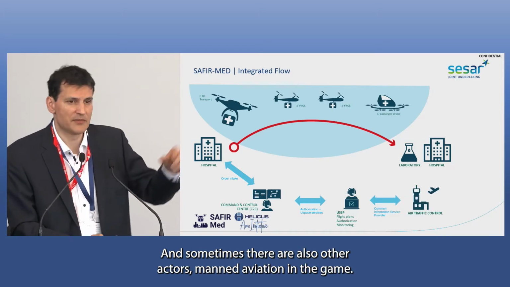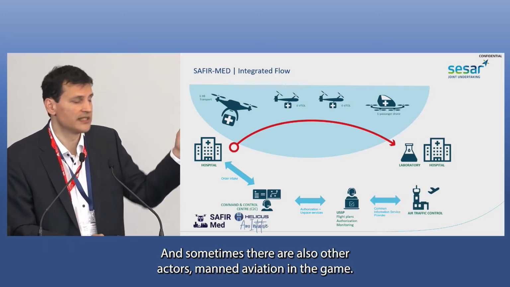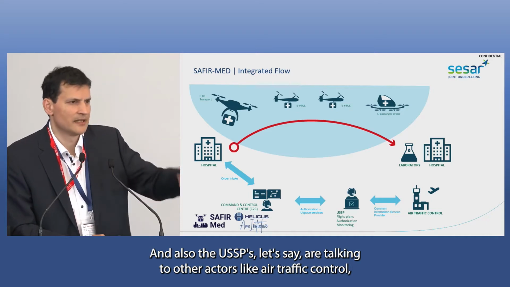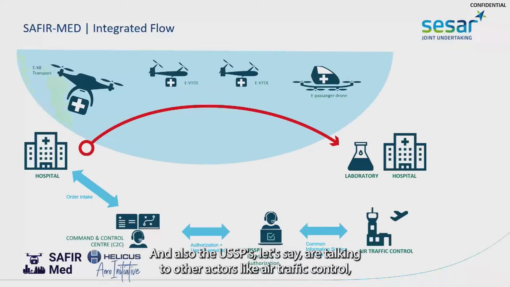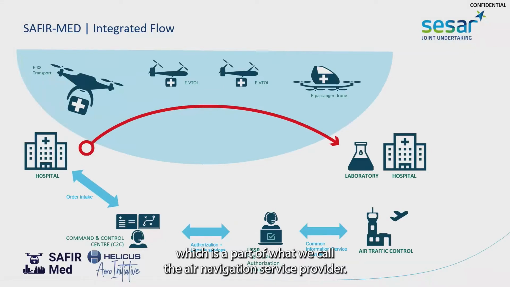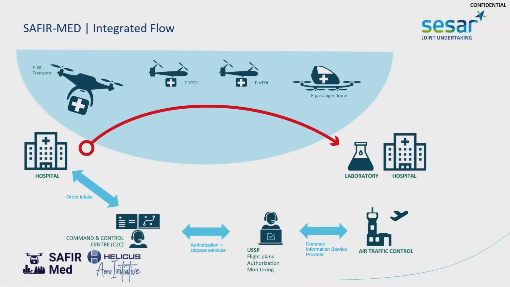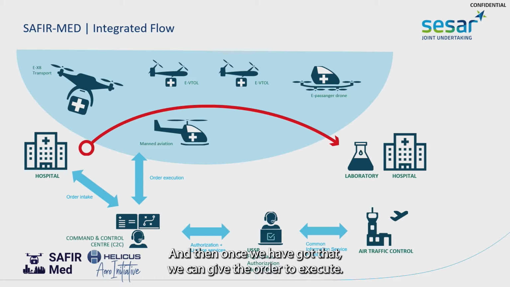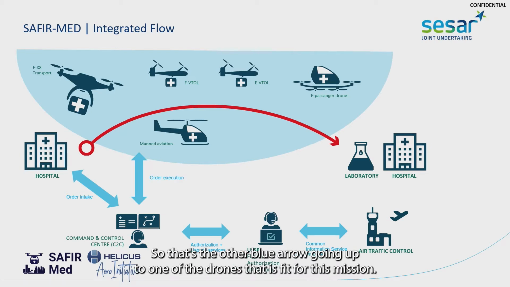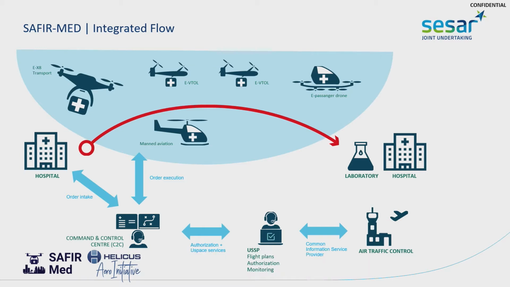Sometimes there are also other actors, manned aviation, in the game, so the USSP is talking to other actors like air traffic control, which is part of what we call the air navigation service provider. We hope to get positive news that we're safe to fly, also with manned aviation. Once we've got that, we can give the order to execute, the other blue arrow going up to one of the drones that is fit for this mission.